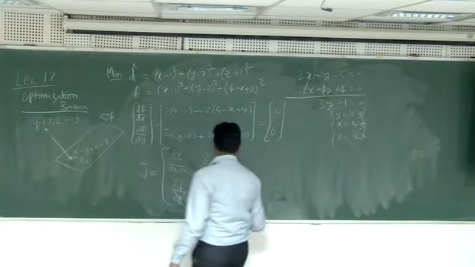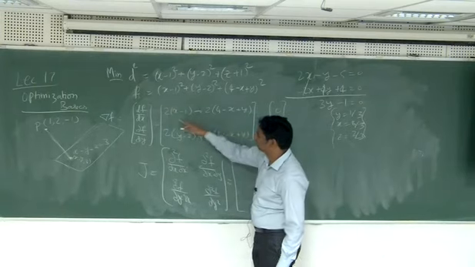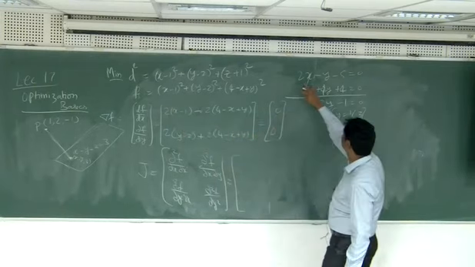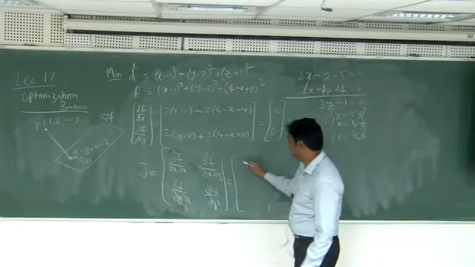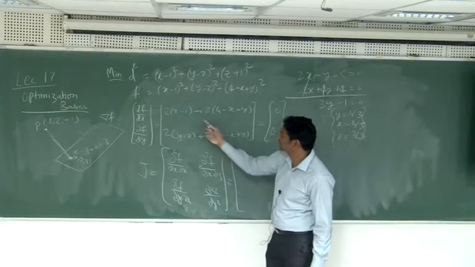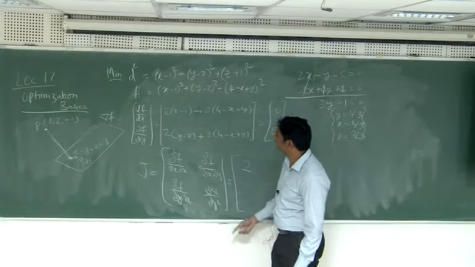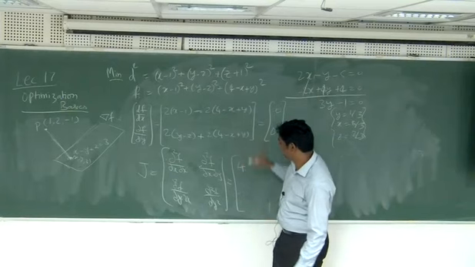So let's quickly do that. This is already with x, so again with x. So it is 2 times, if you differentiate with x, you will get 4. Okay, 4. We'll do here itself.